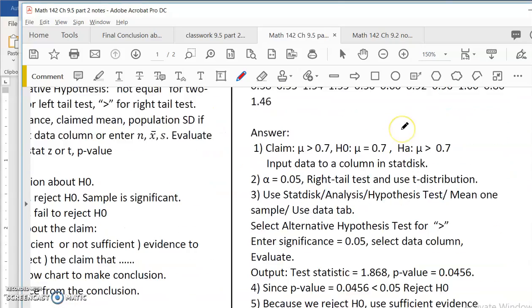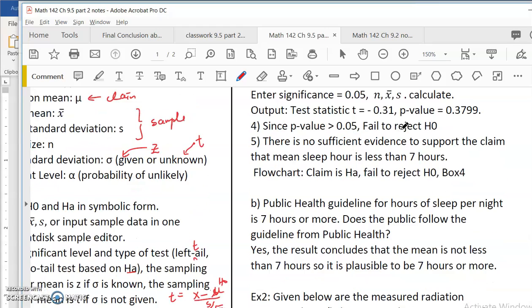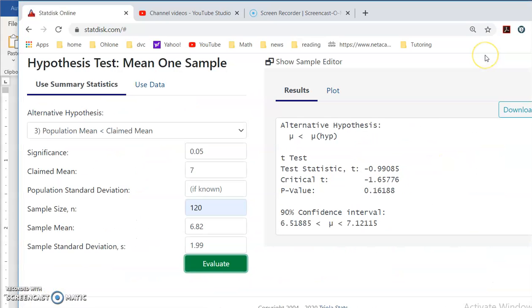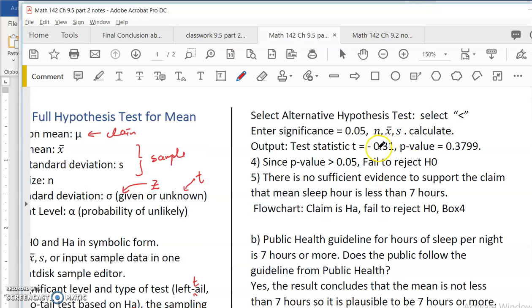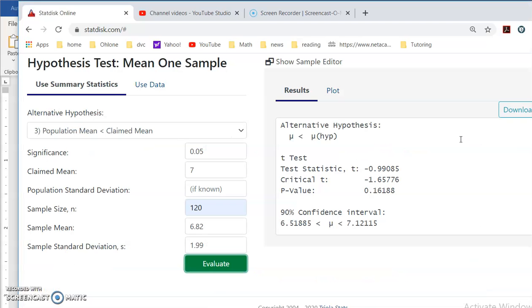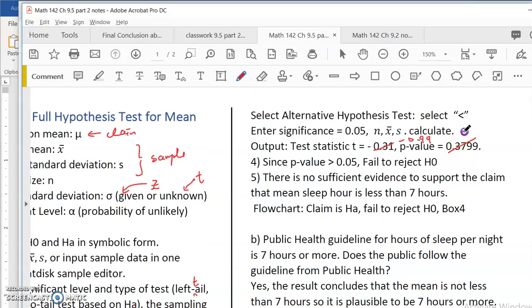So I think the one that I typed here is wrong, so I should change it. So let's correct it. T is negative 0.99, so let's change it. Negative 0.99. I think it doesn't change the 0.1619. Maybe I have a typo.